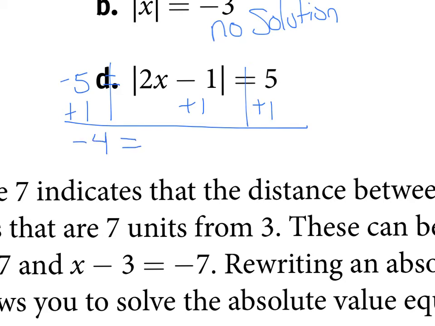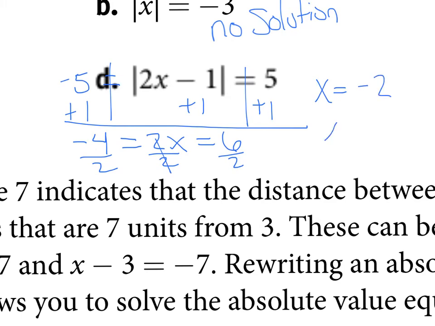And then equals 2x, which equals 5 plus 1 is 6. Divide by 2, divide by 2, divide by 2. So I have x equals negative 4 divided by 2 is negative 2. And x equals 6 divided by 2 is 3. Okay.